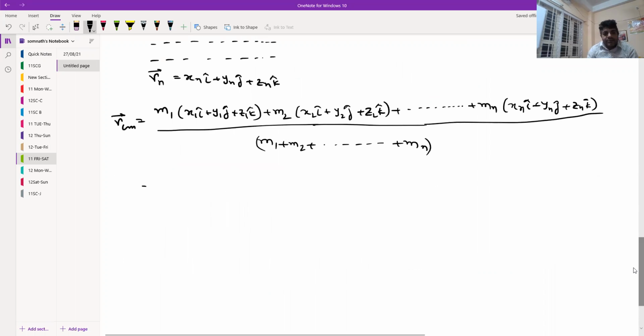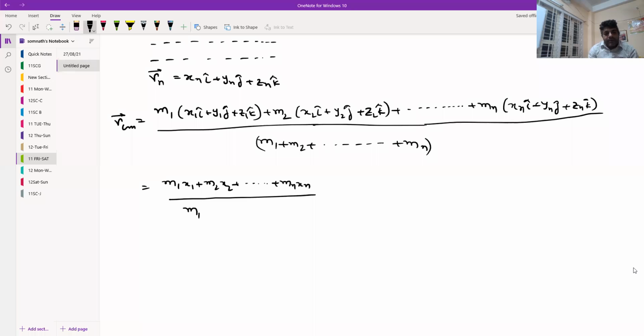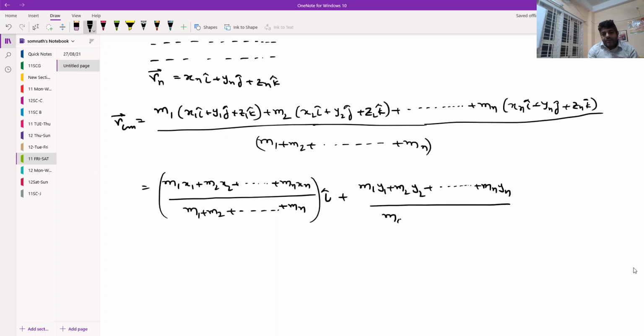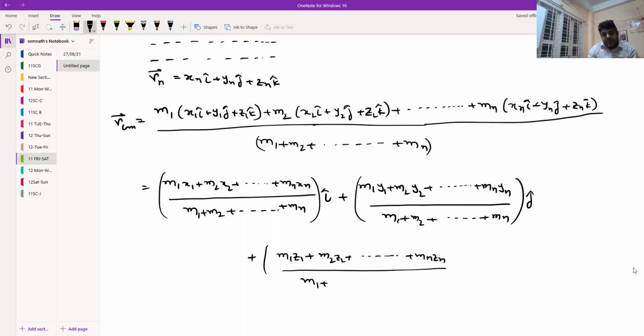Okay, you can say that it equals (m1 x1 plus m2 x2 dot dot dot plus mn xn) by (m1 plus m2 dot dot dot plus mn) i, plus (m1 y1 plus m2 y2 dot dot dot plus mn yn) by (m1 plus m2 dot dot dot plus mn) j, plus (m1 z1 plus m2 z2 dot dot dot plus mn zn) by (m1 plus m2 dot dot dot plus mn) k.